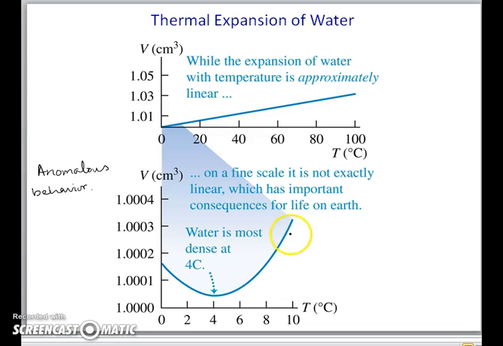When the temperature is going down, let's say from 10 degrees Celsius towards 4 degrees Celsius, the volume is decreasing, so the density increases. So the water at the top of the lake, let's say, goes down. But once it reaches 4 degrees Celsius, and as the temperature goes further down, the volume starts increasing, then it becomes lighter, and then it starts coming up. So that way the lake freezes from the top.